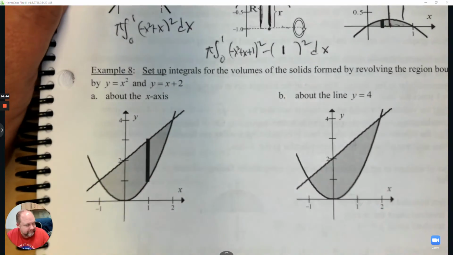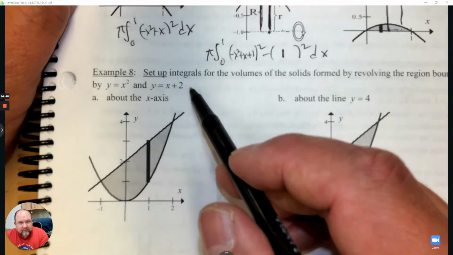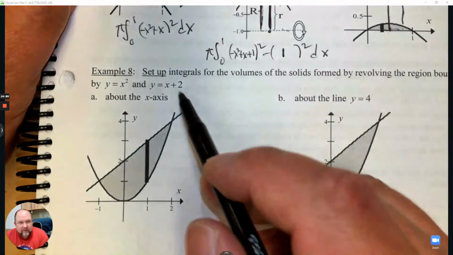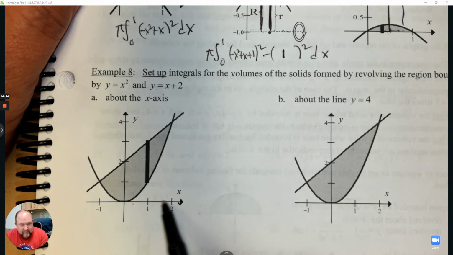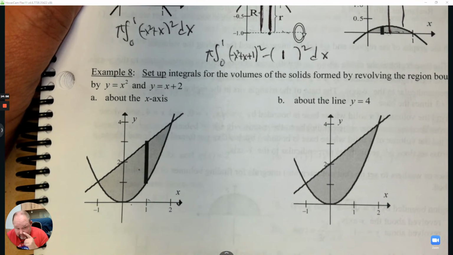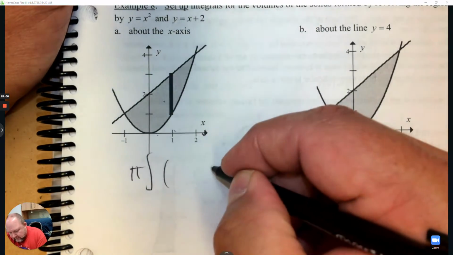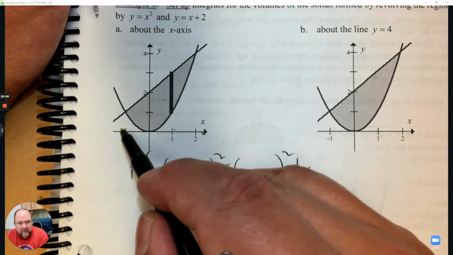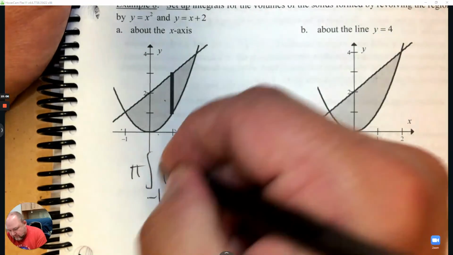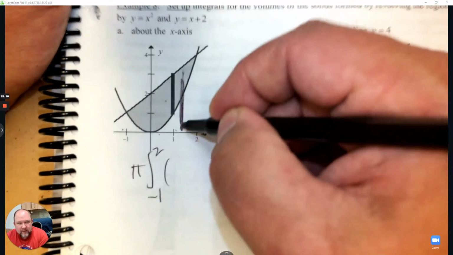Number 8. Set up integrals for the volume. Here, we're going to revolve it about the x-axis. Notice there's a space here between this and the x-axis. So this is going to be a washer. First of all, I'm just going to set it up, and then I fill in. So it goes from -1 to 2. The big radius goes all the way down to what I'm revolving around.